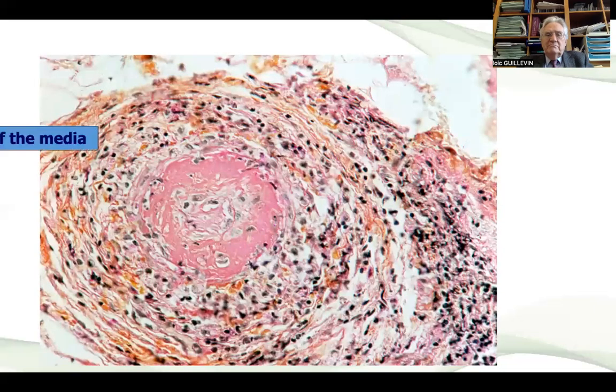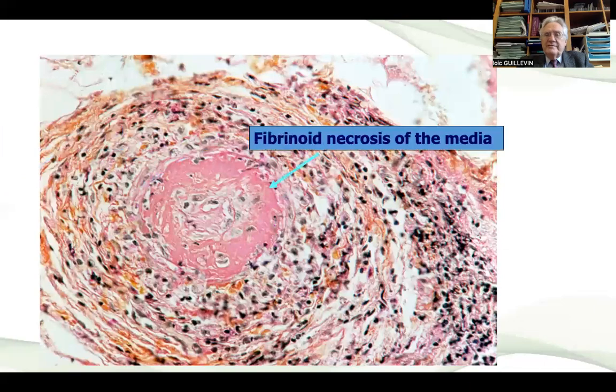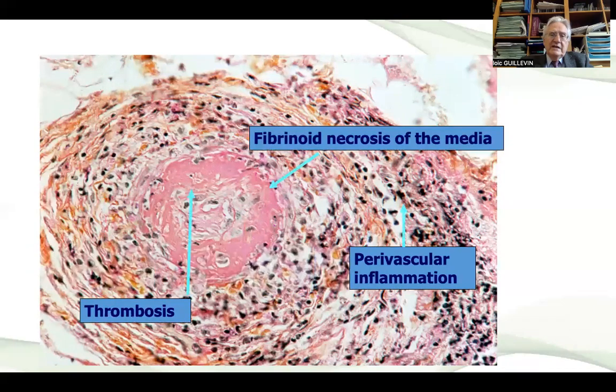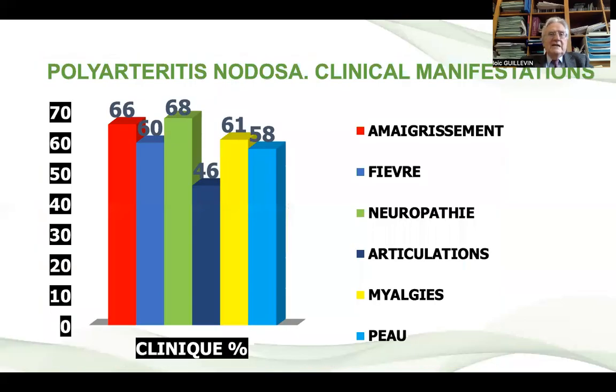The histology: fibrinoid necrosis of the media, it is a panarteritis. The thrombosis, which is a consequence of the injury of the endothelium, and you have a perivascular inflammation without granuloma. When we look at the clinical manifestations in this systemic disease, it is a very aggressive disease.